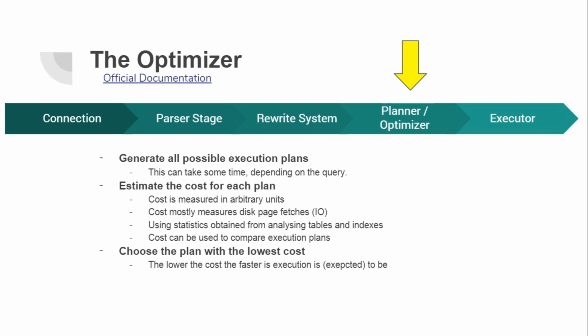Rule-based optimizers are what you intuitively think that the database is doing. A rule-based optimizer can say, for example, if I have a query that is trying to fetch something according to a field that has an index on it, use that index. It doesn't matter if it makes sense to use the index or not. There's a rule that says that if there is an index on the field, you should use it.